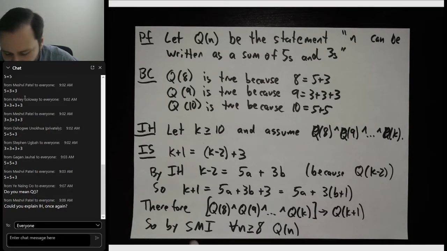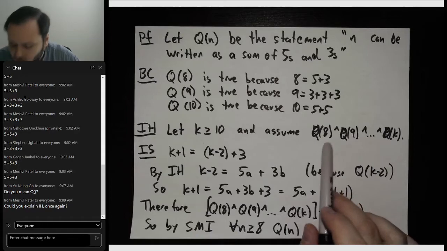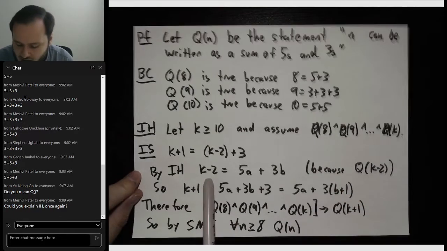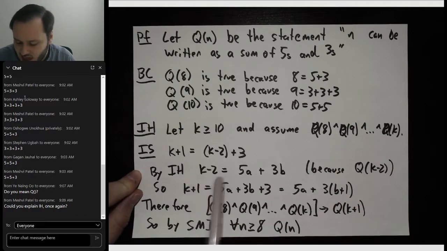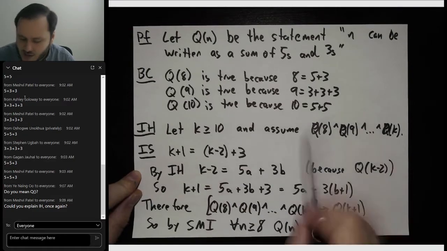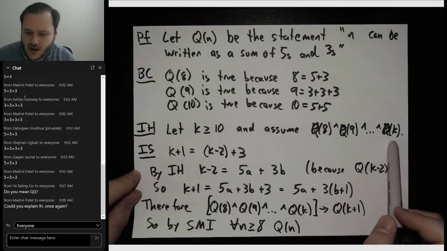Regular mathematical induction, PMI, would just assume P of k. It would only assume the last number can be written as a sum of 5s and 3s. But since I'm doing strong mathematical induction, since I want to jump back 3 steps to k minus 2, I need to assume more. And I'm just going overboard.